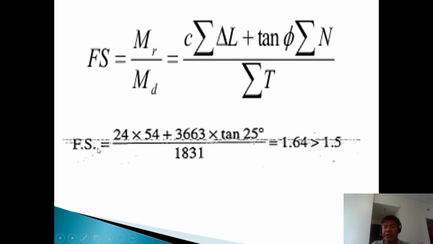It turns out that the factor of safety is 1.64, and based on the accepted practices in construction in terms of slope stability, it is 1.5, which, if you still remember from hydraulics, is always the comparison value. So that is a 50% addition to the 1.0, which is the exact value of the forces acting on the dam.